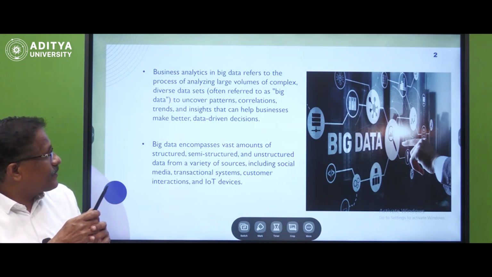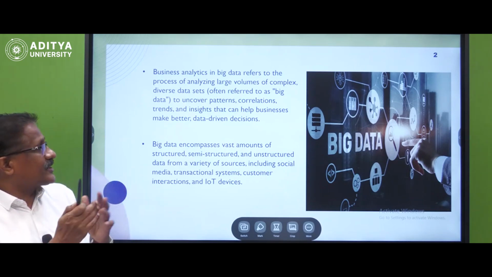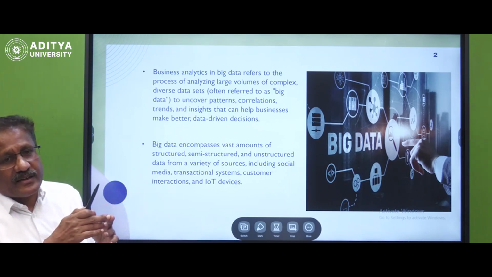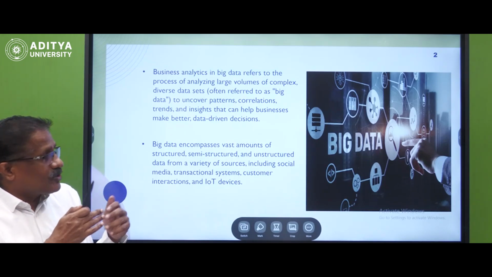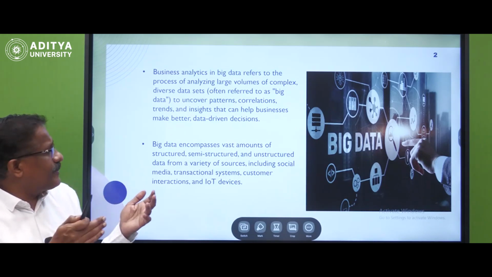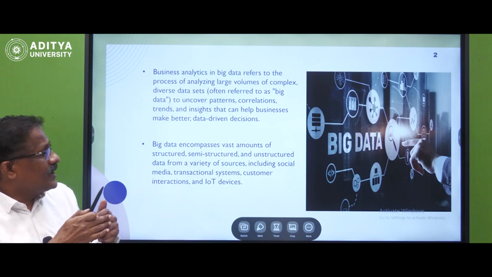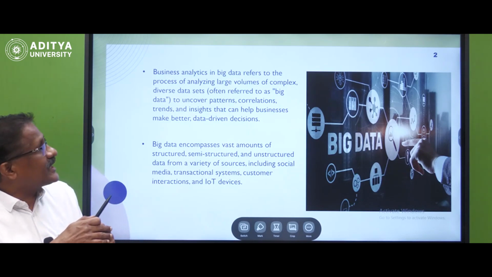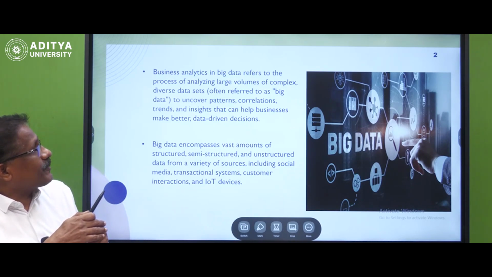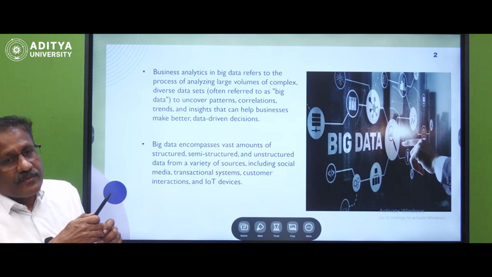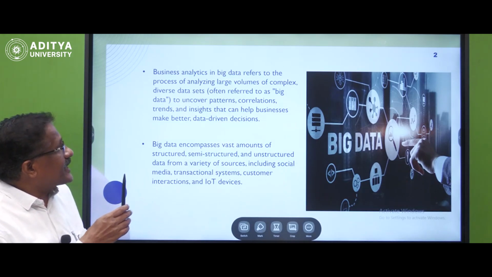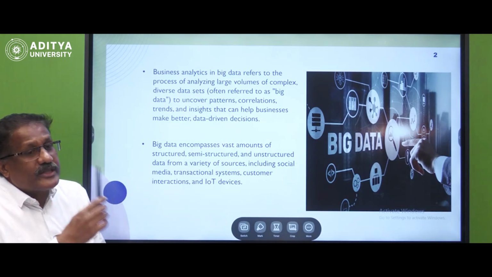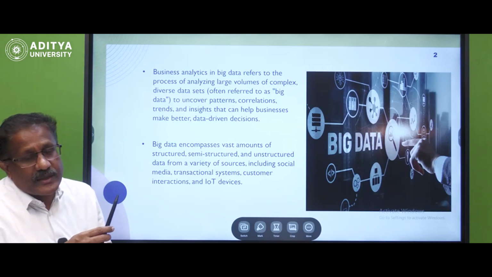So it covers a huge amount of data from social media and various types of systems. The purpose of business analytics in big data is to find the various patterns, gain business understanding and make good decisions for the purpose of future profit.